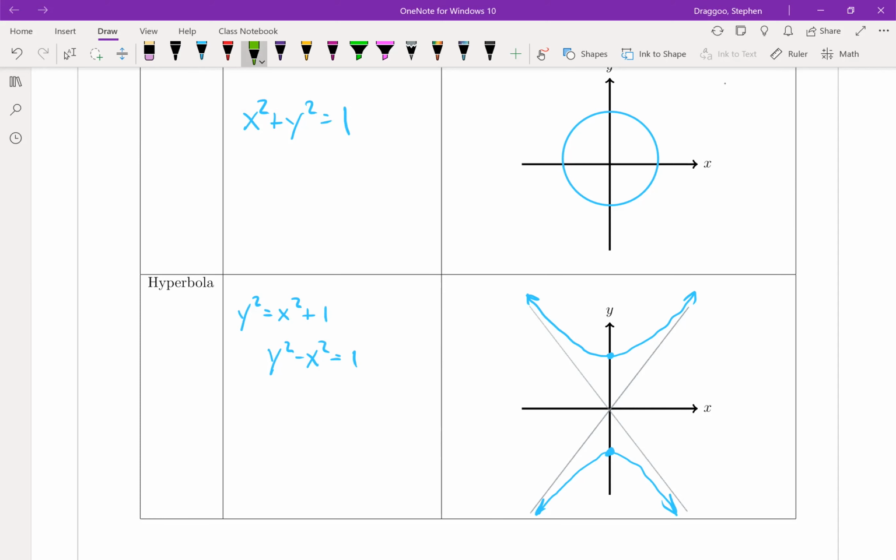That being one example of a hyperbolic shape, the other being the one that opens horizontally, which would have the equation x squared equals y squared plus 1, or alternatively, x squared minus y squared equals 1. And for this one, we should see the points 1, 0 and negative 1, 0. Both fit that hyperbolic equation.